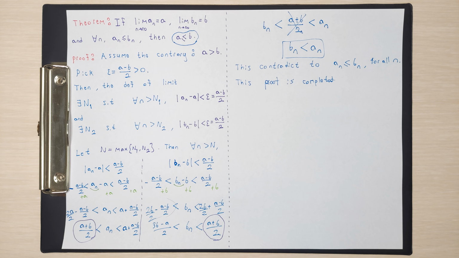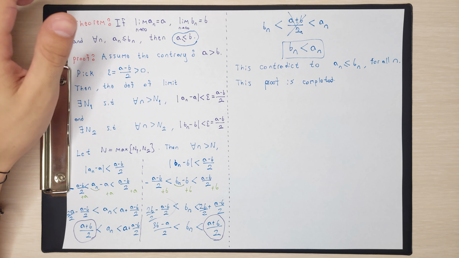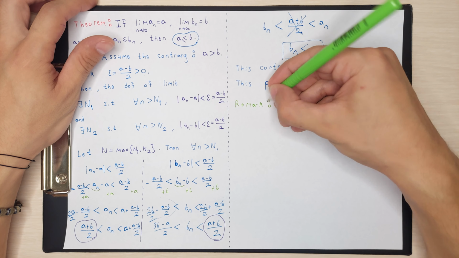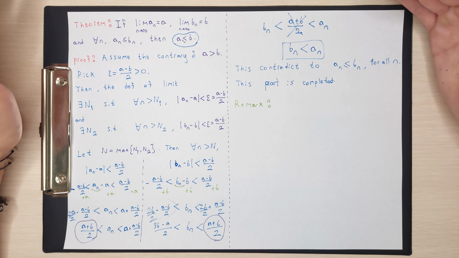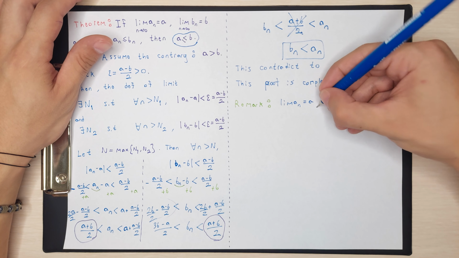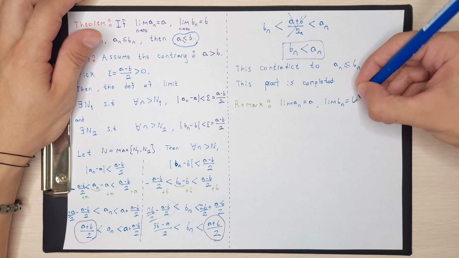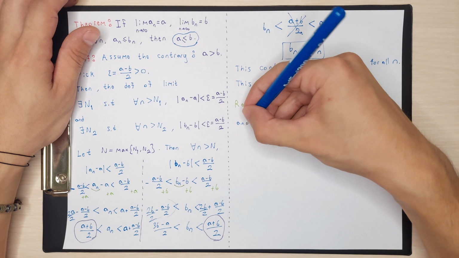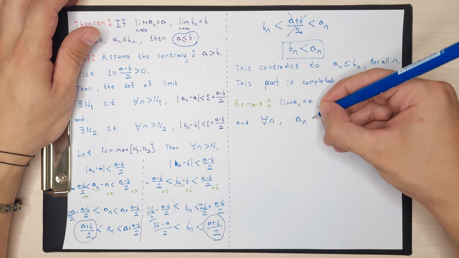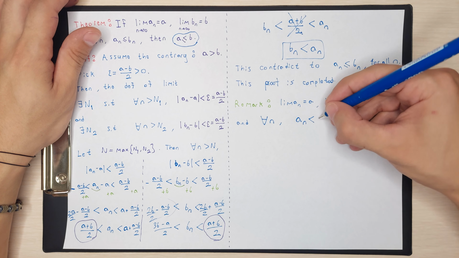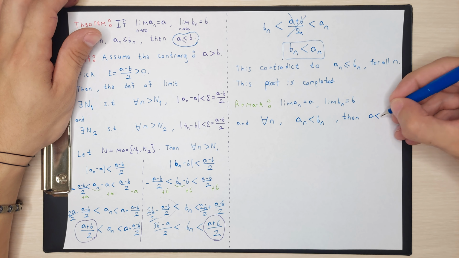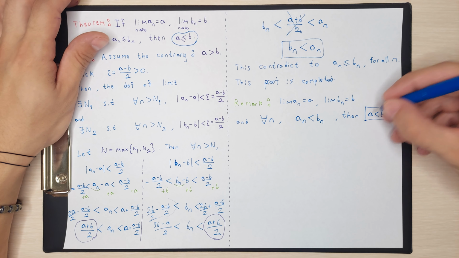But what about the remark? I will give you one important remark. What if I'm changing this theorem? Let's say that again, limit of an is a, limit of bn is b, and also for all values of n, if an is strictly less than bn, then do we have a is less than b?